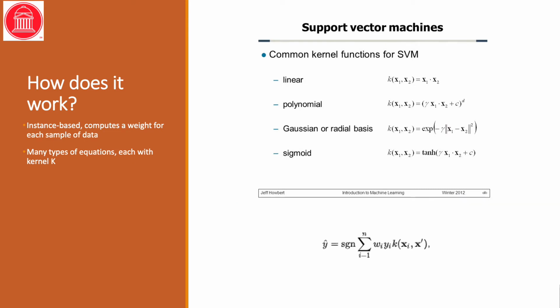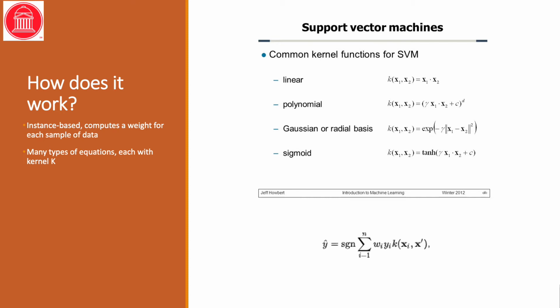Kernels are instance-based functions that compute a weight for each sample of data. They don't necessarily require foreknowledge of whatever your pairwise distance function might be that you're using to create your feature vectors. Instead, they just look at the specific instance of the pairwise features to compute the weight. There are several types of equations.